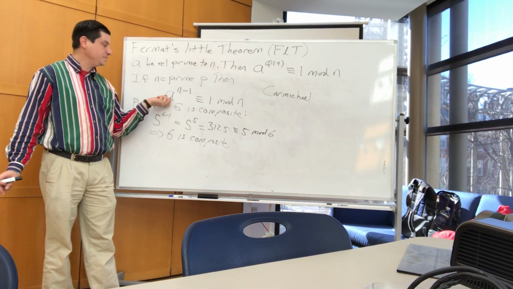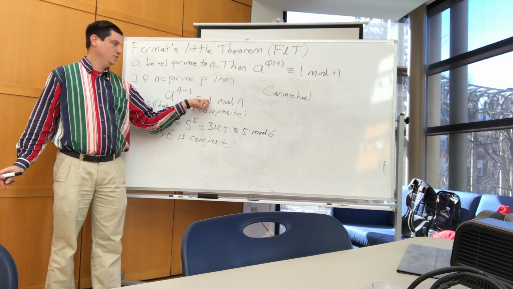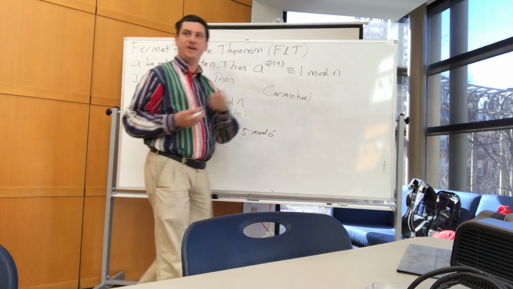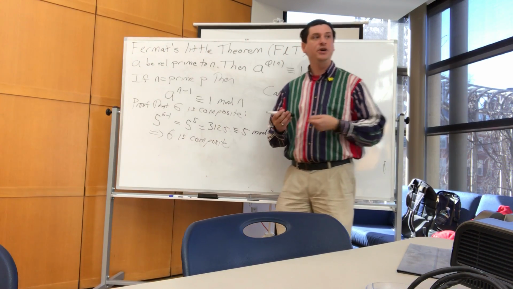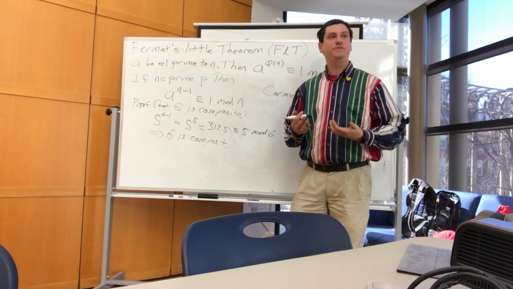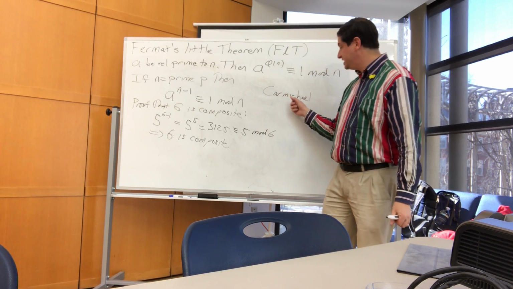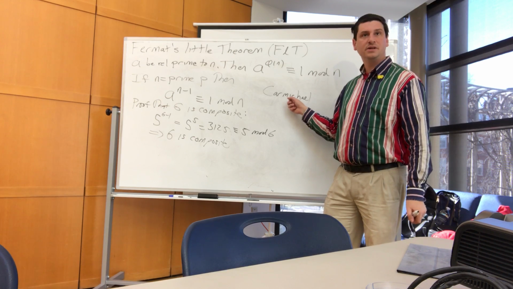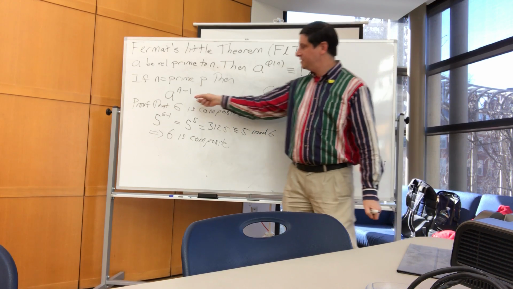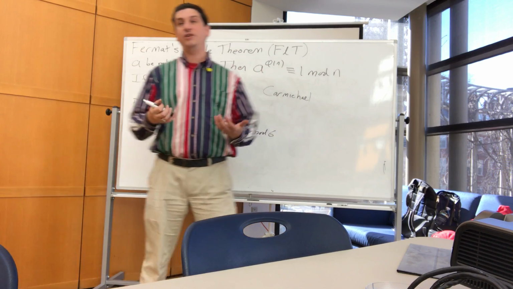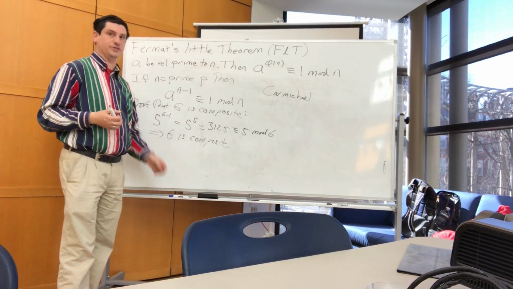And it's possible that a number might pass it for one value of a but not another. So if you try a couple of values of a and it works every single time, you become more and more confident that you found a prime. But it's unfortunately not a proof, because there exist infinitely many numbers such that this holds. There are far fewer Carmichael numbers than prime numbers, but there is still the danger.